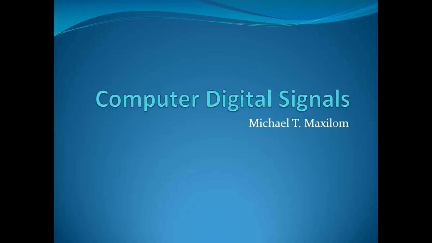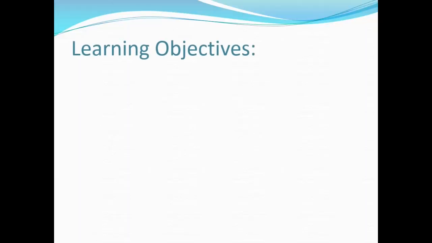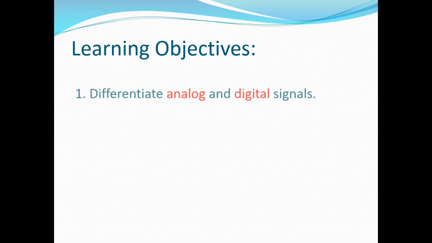It would be an advantage if we could at least know some of the data that the computers run as they operate. So for today, these should be our learning objectives. Differentiate analog and digital signals.